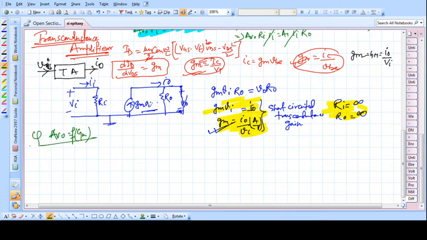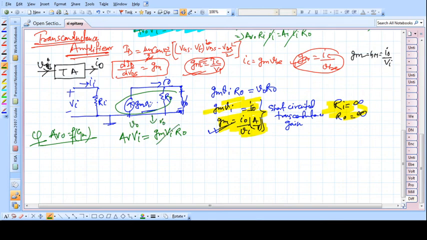So what we have to write, this Av naught, that is our Av into Vi, which is more or less some voltage. This will be nothing but simply Gm Vi into R naught. This voltage is our V naught, and this one is also V naught.